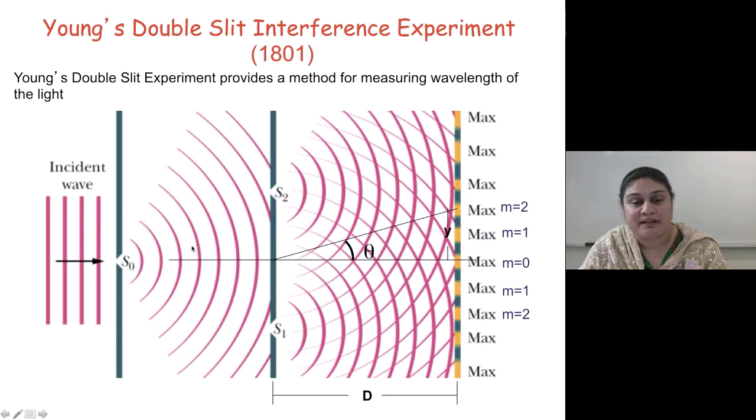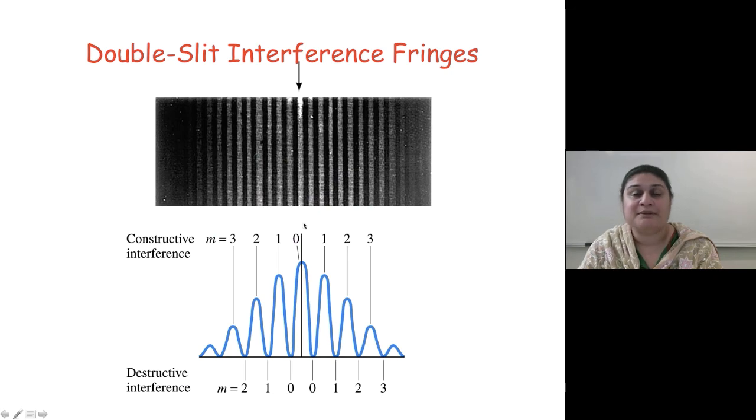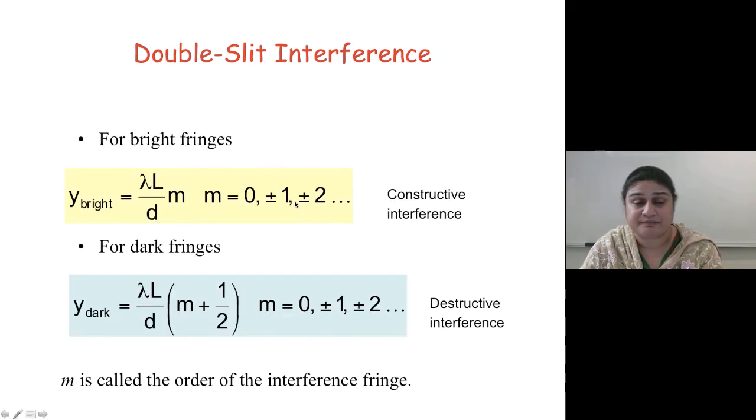Then those wave patterns hit the screens S2 and S1, and those then hit the screen, and you will see portions of dark and light on the screen as we were seeing before. Double slit interference patterns look like this, going outwards. Constructive interference is given by the bright spots, and destructive interference is given by the dark spots.